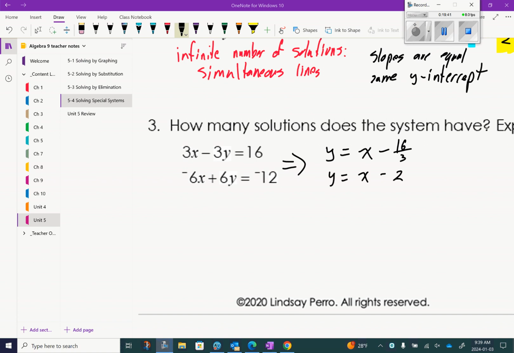For the second equation, we'll add 6x to both sides and then divide everything by 6. Well, 6 divided by 6 is 1. So again, it's implied here. This has a slope of 1 and that has a slope of 1. These two have slopes that are equal.